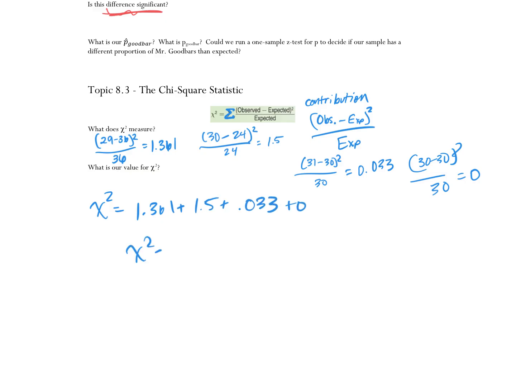So this chi-squared value looks to be, everybody good? What did I miss? 1.361. So it's 2.894? Yeah. Okay. So far, do we understand in terms of how chi-squared is calculated?